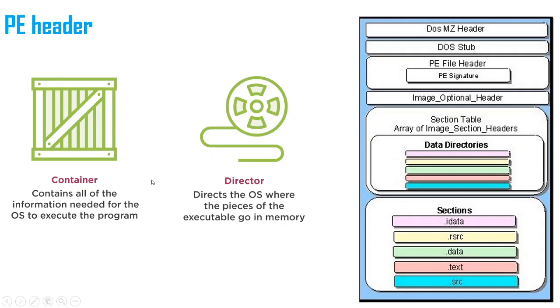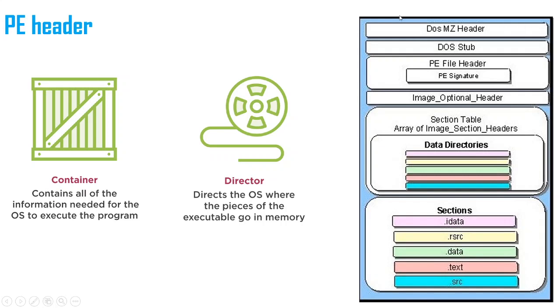We can also call it a director, because it is directing the OS where the pieces of the executable go into the memory of a particular system where the malicious program is executing. Then, on the right hand side, I'm giving a snapshot of the PE header.